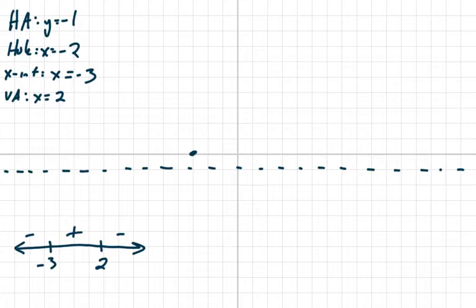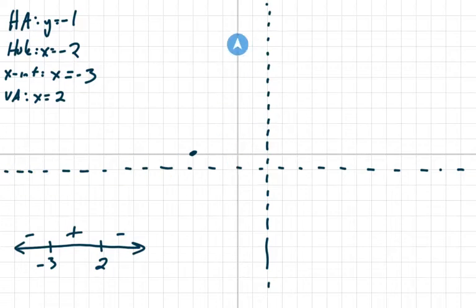And then I'm going to draw me a vertical asymptote at 2. All right. And I know from my sign chart that it's going to be positive here, but negative here. And it'll be negative on this piece right here. It's going to be positive in this region, and it'll be negative here.